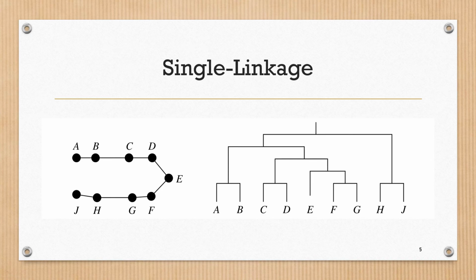After merging EFG as one cluster, cluster EFG is merged with cluster CD as cluster CDEFG because E is closer to D. The distance between BC is less than the distance between GH, and thus cluster CDEFG is merged with cluster AB as cluster ABCDEFG. The remaining two clusters are merged to form one cluster.